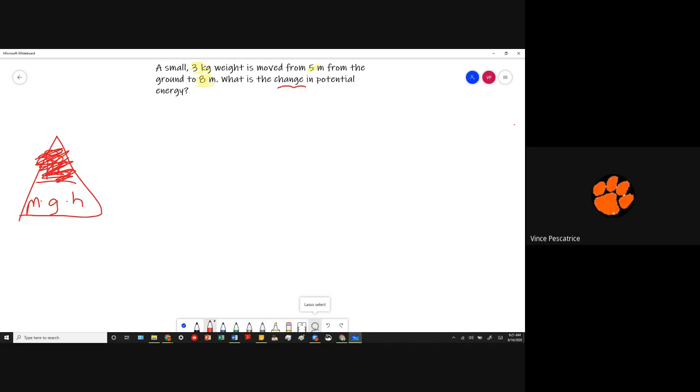So the first one, let's call this A. My mass is 3, so it'll be 3 times gravity. Gravity is always 9.8, times my height. In the first one, that is 5. So I have 3 times 9.8 times 5.